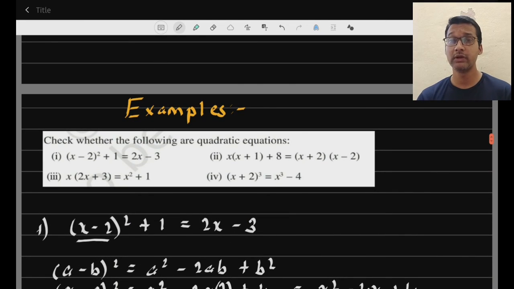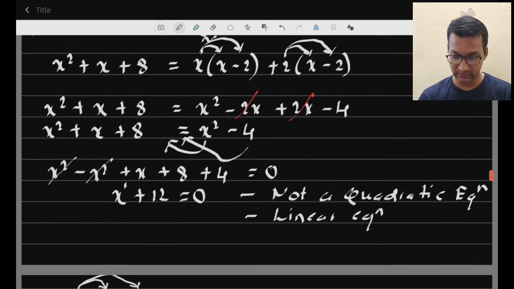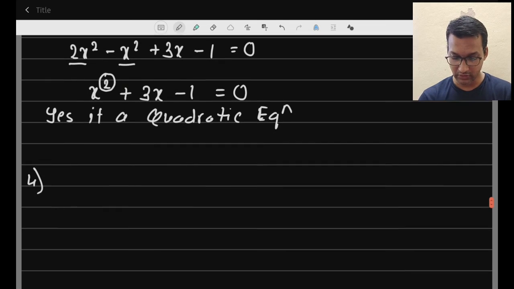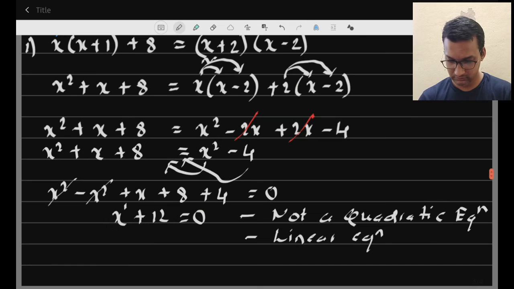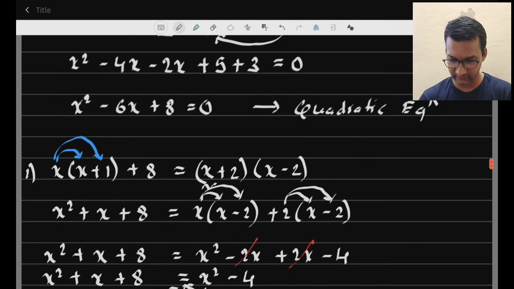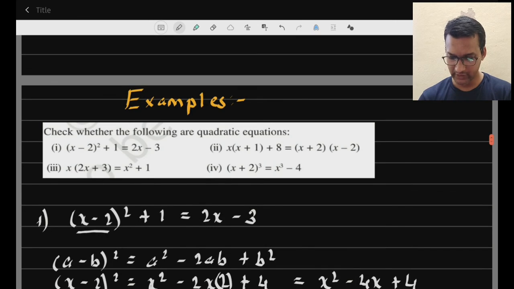In the fourth problem, we have a cube of a bracket, x plus 2 cube is equal to x cube minus 4. Now let us see whether this is a quadratic equation or not. x plus 2 bracket cube on LHS side, on RHS side we have x cube minus 4.